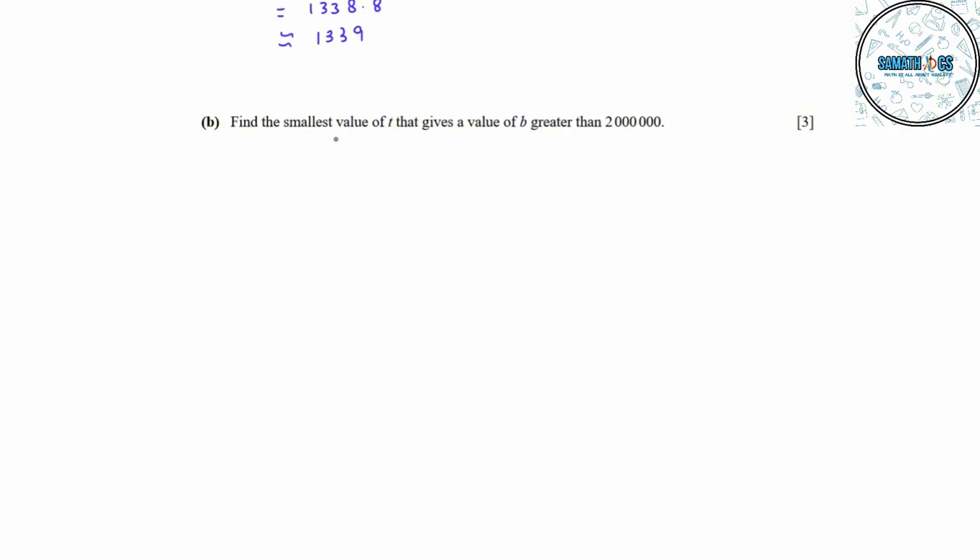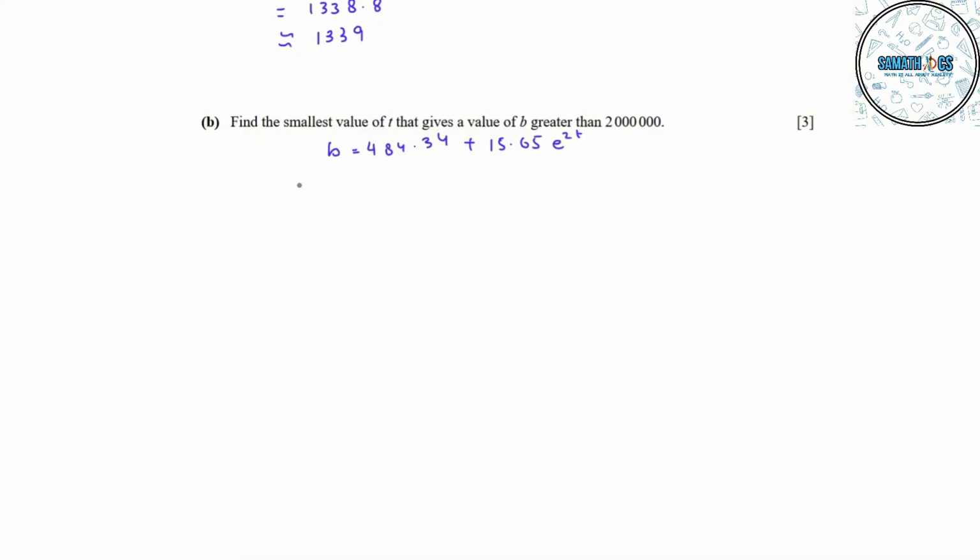Part B, find the smallest value of t that gives a value of b greater than 2 million. So we have the equation b is equal to 484.34 plus 15.65 e power 2t.